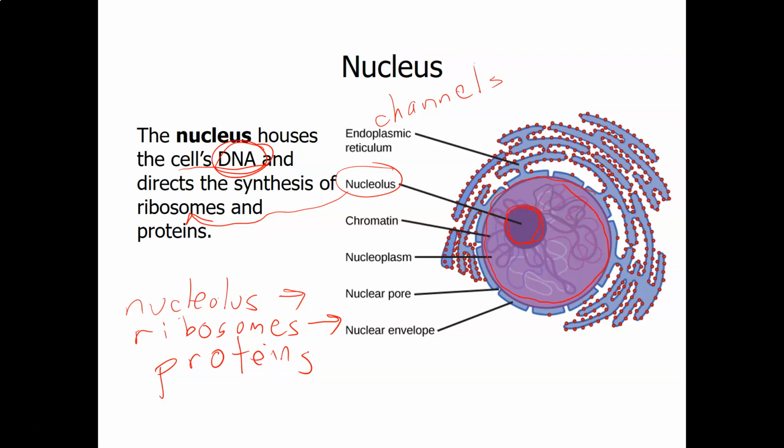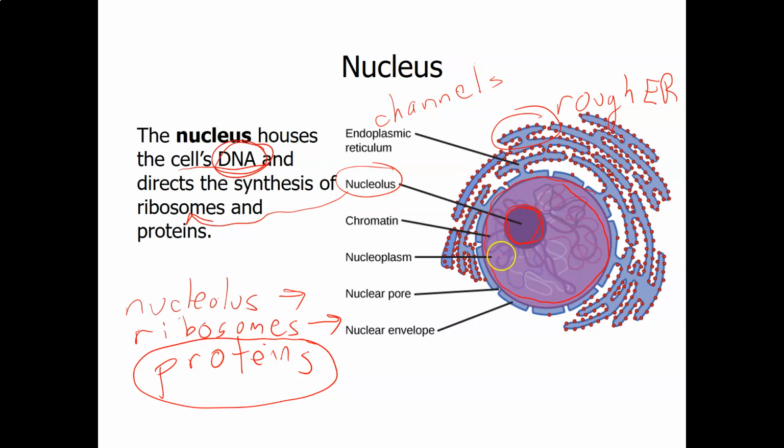Well, the endoplasmic reticulum that's shown here is the rough ER, because it has the red ribosomes attached to it. And so the rough ER, since it does have ribosomes attached, its main function is producing proteins. And then it's going to send those to the Golgi complex to be modified even further.